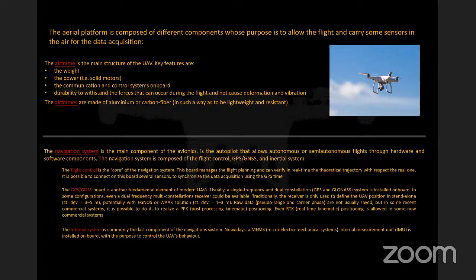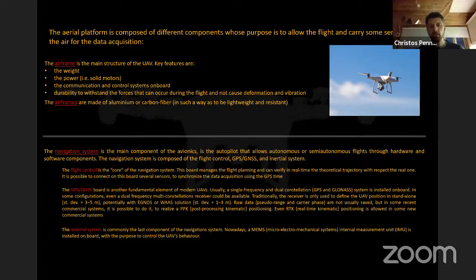It is possible to connect several sensors to this board to synchronize the data acquisition with the GPS time. So in this flight control, or software to be more accurate, the collecting sensors are linked in order to synchronize the data acquisition with the GPS time.